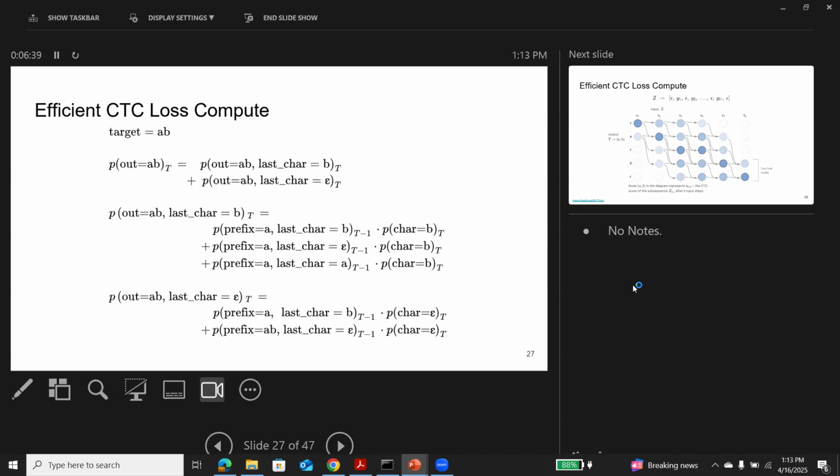And then we compute each of these terms using the conditional probability.